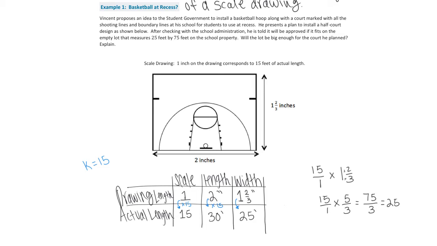So we know that the lot that this needs to fit on is 25 feet by 75 feet. Will the lot be big enough for the court he planned? The answer will be yes, because 30 feet by 25 feet is less than the given dimensions.